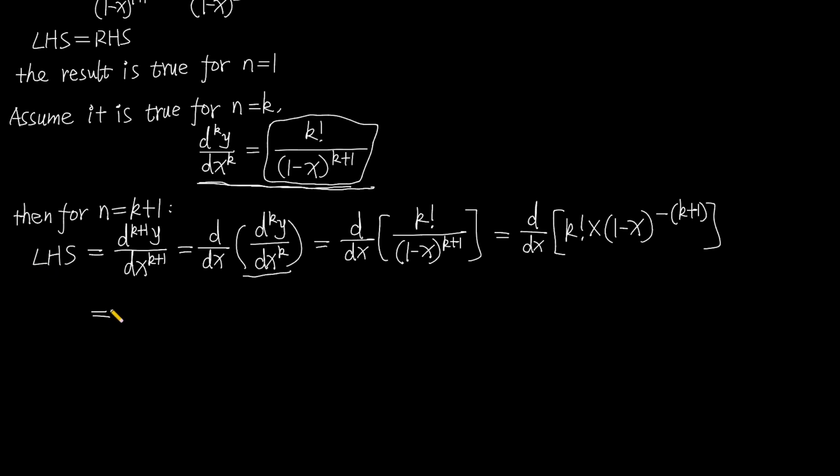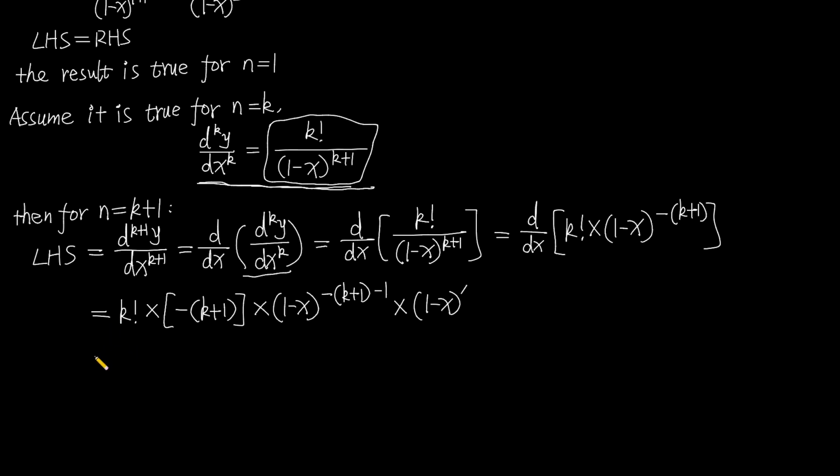Then this equals k factorial multiply negative (k plus 1) multiply (1 minus x) to the power of negative (k plus 1) minus 1, multiply the derivative of 1 minus x. So this is the chain rule.